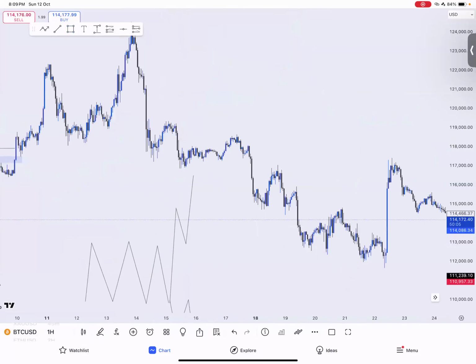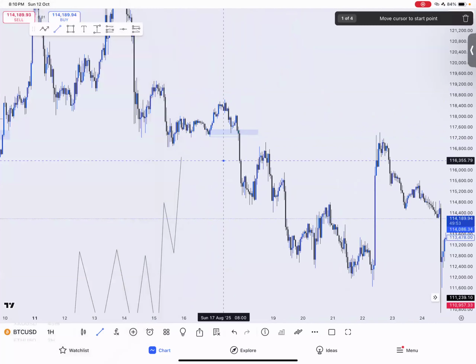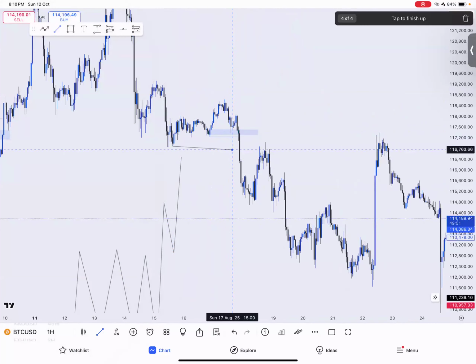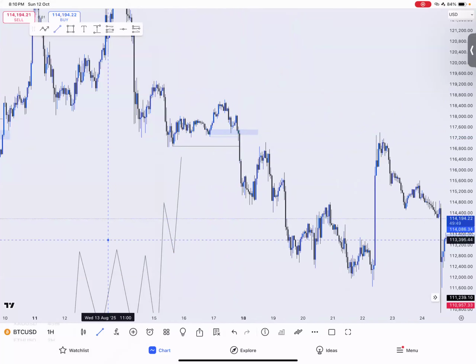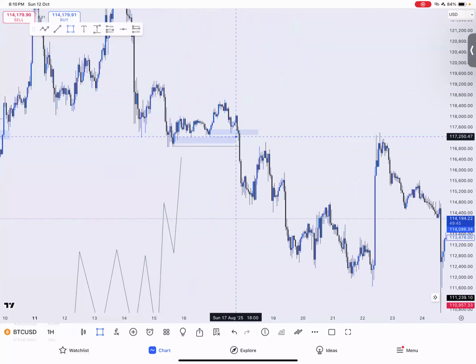So every high, every low that price takes out, the body of that high or low becomes a breaker. The moment this low was taken out, the body of this low becomes a breaker. The moment this low was also taken out, the body of this low also becomes a breaker block.